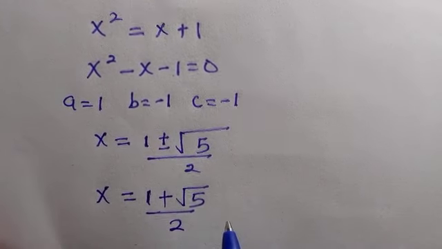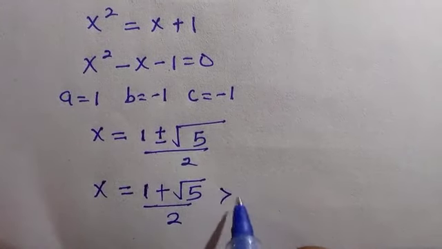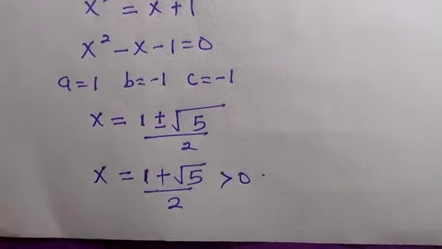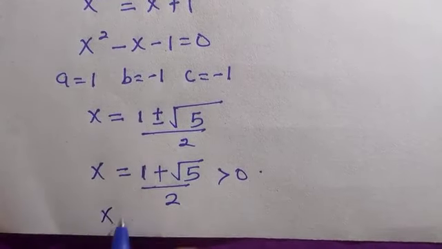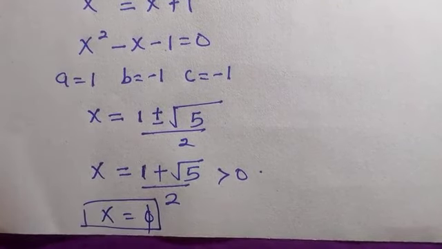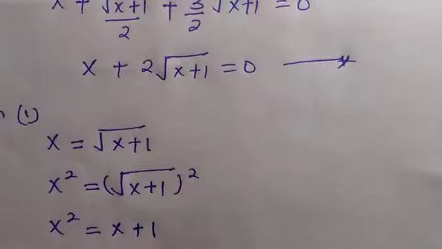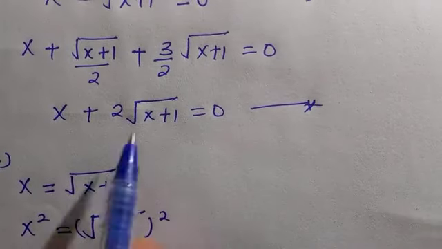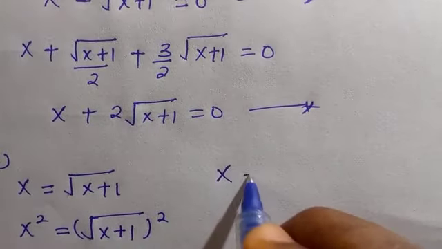This is the golden ratio. So we can conclude that x equals 1 plus root 5 divided by 2, this being the first solution.